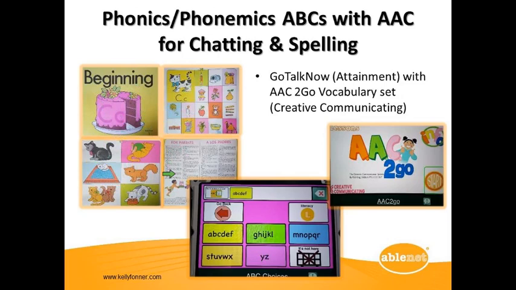And one of the little girls that I was there consulting with was using one of the in-app extensions in GoTalk Now, which was Patty King DeBond's AAC to Go. It's got core vocabulary, but it also has within it the alphabet.